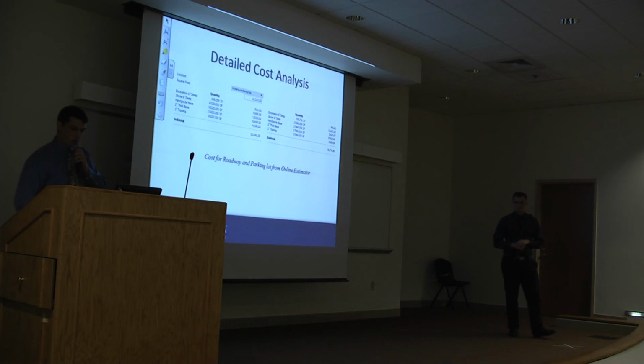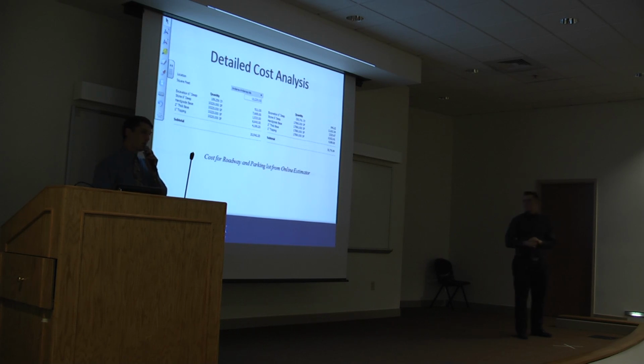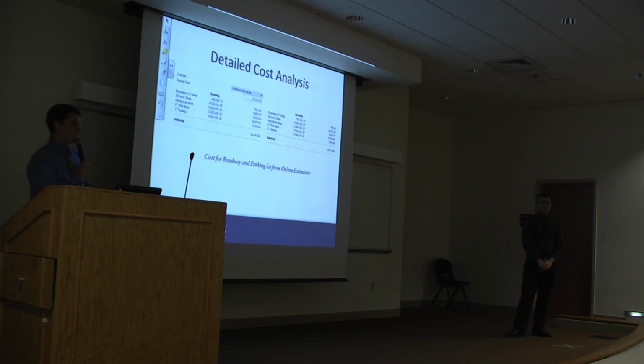These are the only two tasks that were estimated not using the RS Means book and rates. This is the road and parking lot, the asphalt on the project, which was estimated using an online estimator. So you can see the different quantities for the roadway and the quantities for the parking lot, with the following costs underneath.